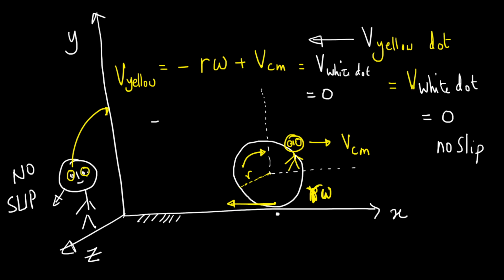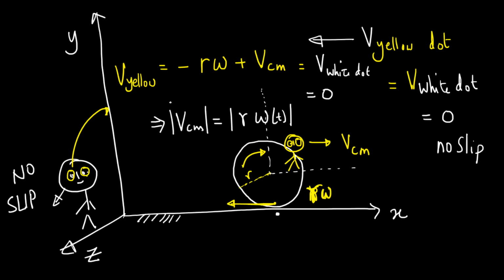This implies what I claimed initially, that the magnitude of the velocity of the center of mass is equal to r, the radius of the disk, into omega at that instant of time.